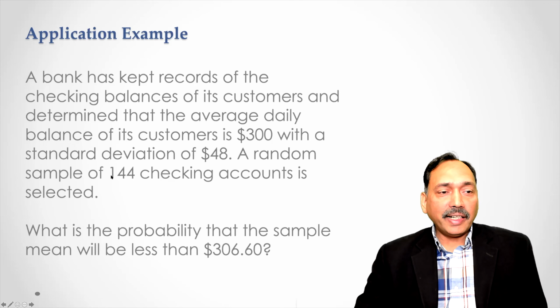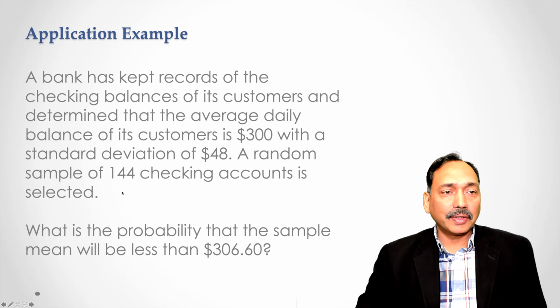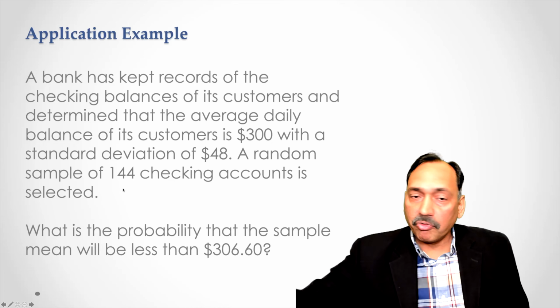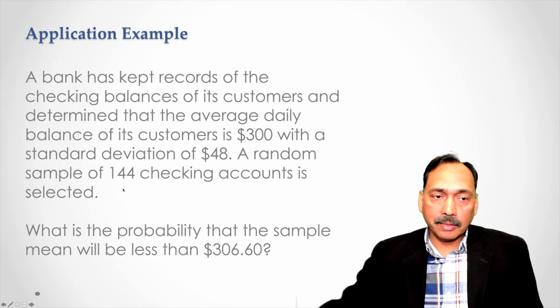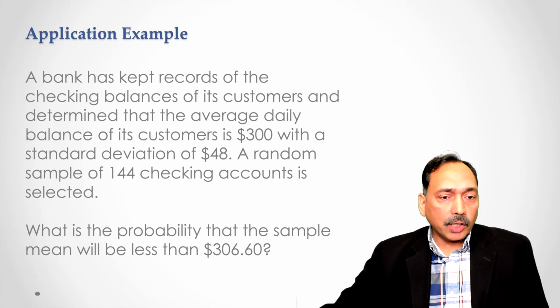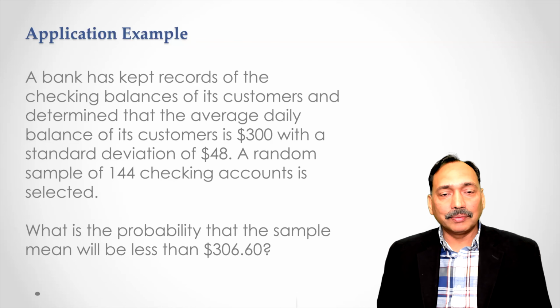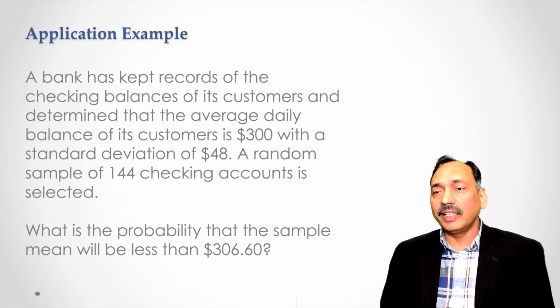So a random sample of 144 checking accounts is selected. So obviously the bank has to make some strategies of managing this money. So what is the probability that the sample mean will be less than 306.6?